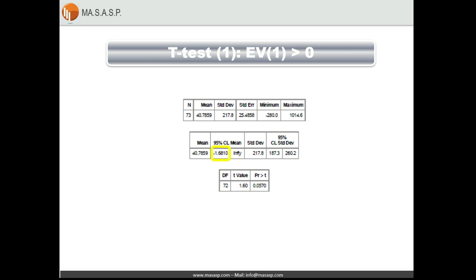It is slightly negative for the sake of precision. It equals minus 1.6 basis points. This value, nonetheless, is very close to 0.